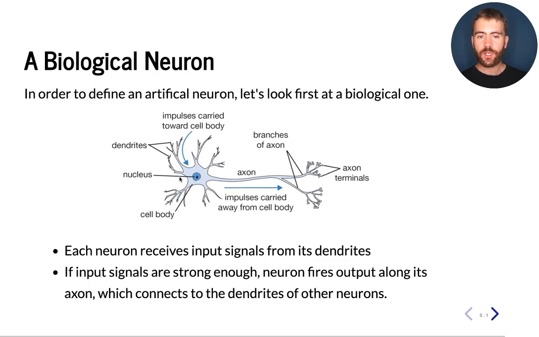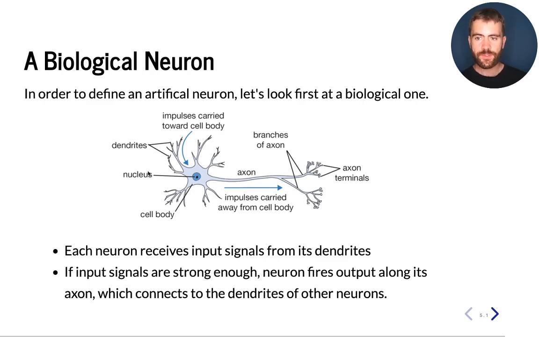And when the input coming from the cells that send their electrical signals into this neuron is sufficiently high, when this signal is strong enough, the nucleus reacts, and this inner part of the cell fires, which means that it sends another electric impulse towards the output part of the neuron, which is a long branch called the axon.